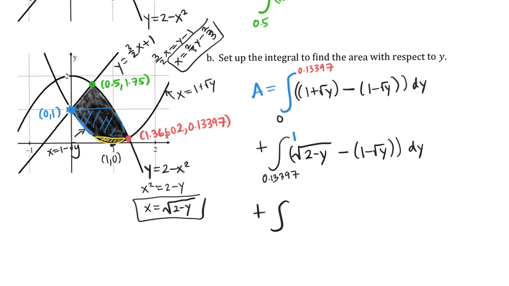What is it going to start from? It's going to start from y equals 1, because that's where I left off. Okay, at y equals 1, the upper curve is this thing. What is that thing? This curve is still the root 2 minus y.